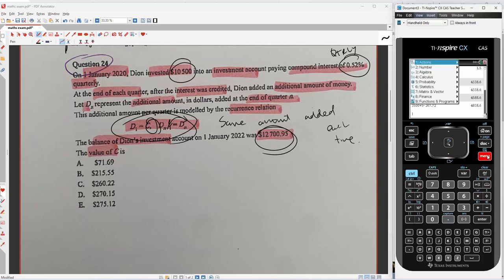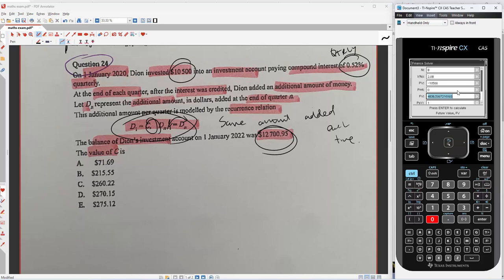Alright, so let's just jump onto Financial Solver. And we're doing this 8 times, so 2 years of 4 times a year, that's quarterly. Now the quarterly rate is 0.52 times 4, because we want to get that into an annual, okay? Alright, now he invested, so he gave the bank 10,500, and the payments, that's what we're after.